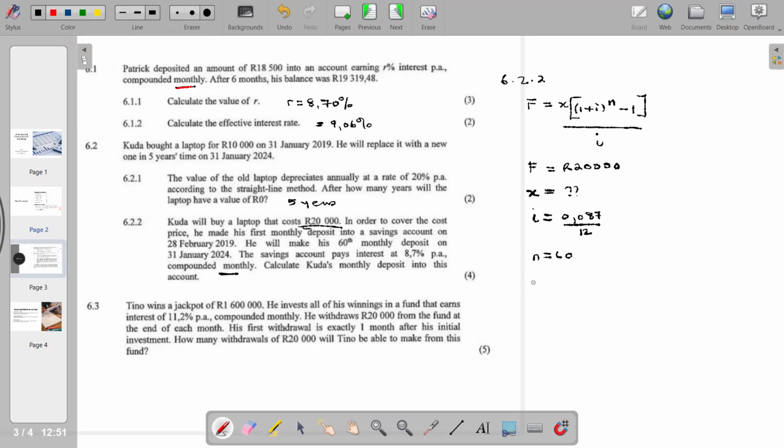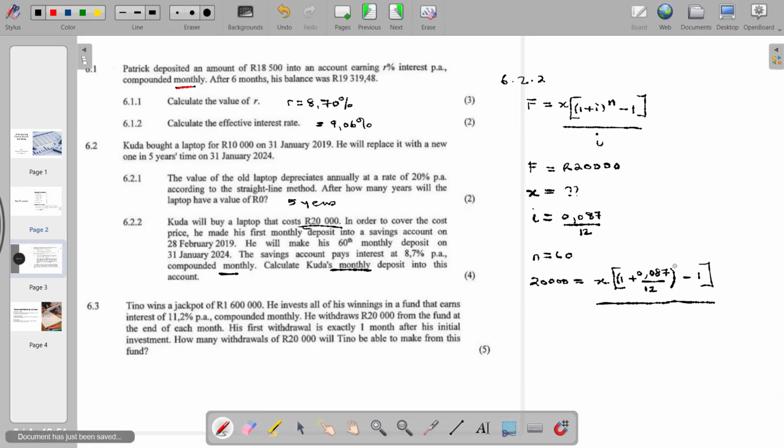So it means 20,000 will be equal to x, which we do not know, the monthly deposit there. Then bigger bracket, we are going to have 1 plus our i, which is going to be 0.087 divided by 12, minus 1, we close bracket, all over our i, which is 0.087 all over 12.